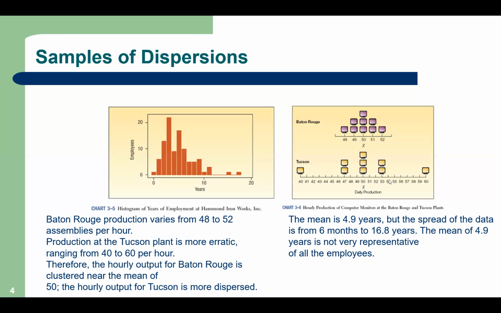But if you look at the actual production, sometimes they are producing 40 computers, sometimes 47, sometimes 50, sometimes 53, and sometimes 60. But if you look at the bottom row, they are producing sometimes 48, sometimes 49, 50, 51, and 52. So if you look at the spread of the actual hourly production, Botan Rock's range is small, so they have less dispersion.